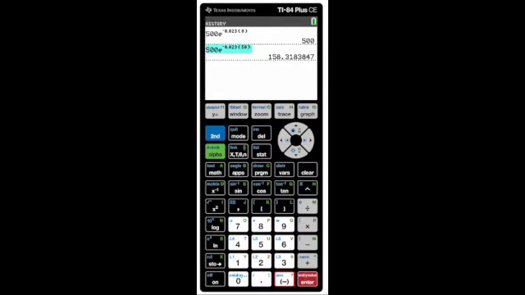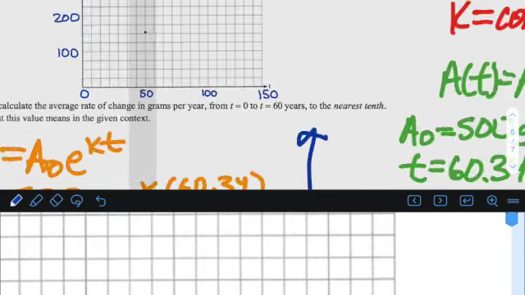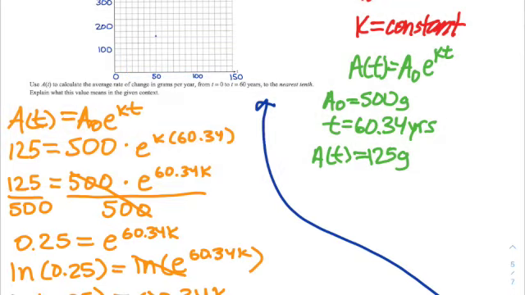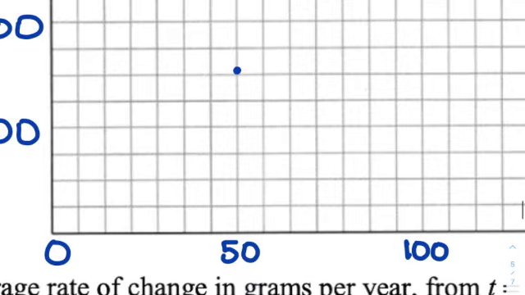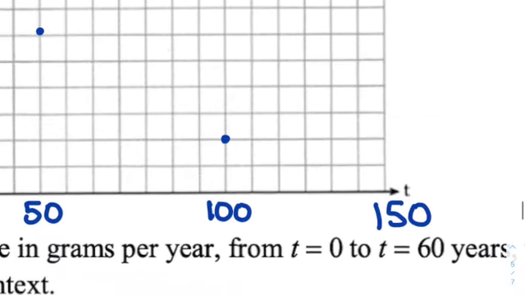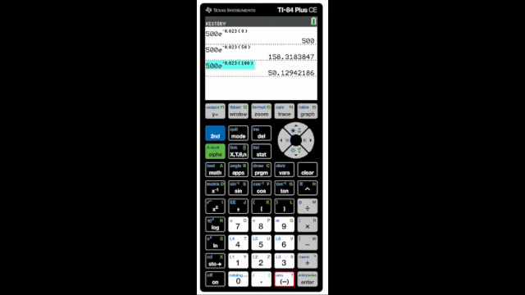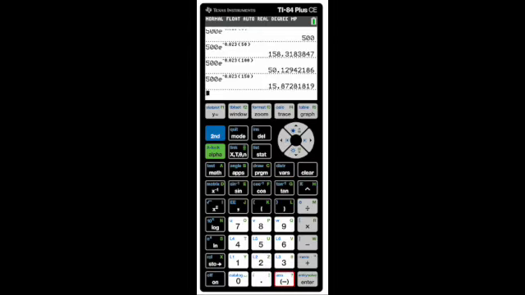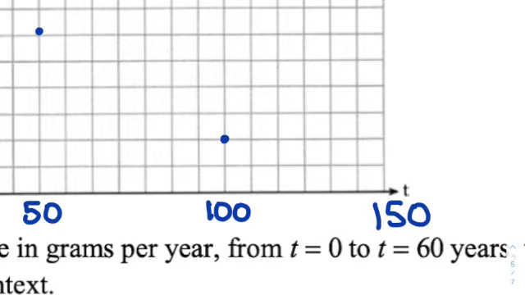Up next is 100 years. That gets me 50, a little bit over 50. Keep doing that. And the last one is 150 years. That gets you 15.